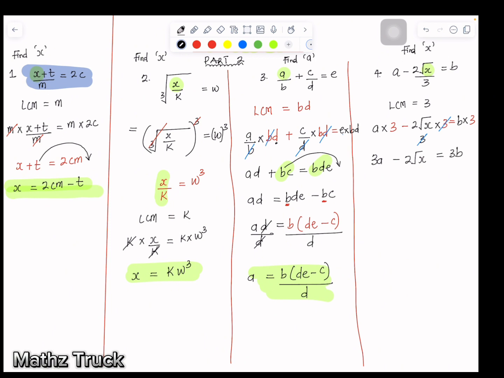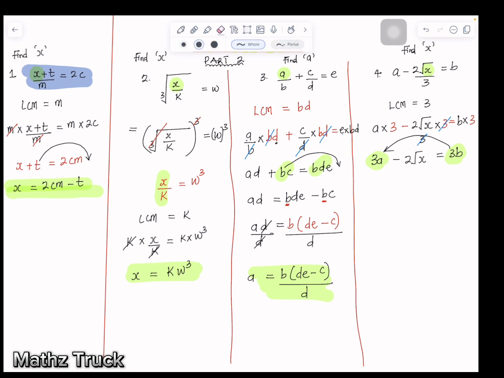Now the question says that we should find x. So we have to group terms without x. How do you group the terms? These are the ones that do not have x. 3A doesn't have x, and 3B doesn't have x. So we group them on one side. We can regroup this in a simplified form by bringing the 3B to where the 3A is.